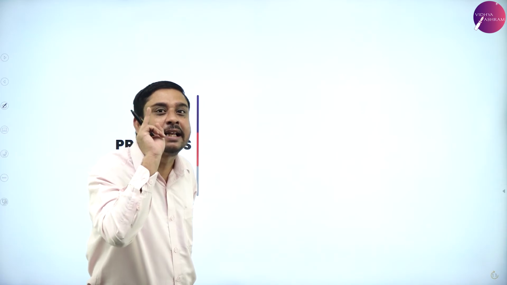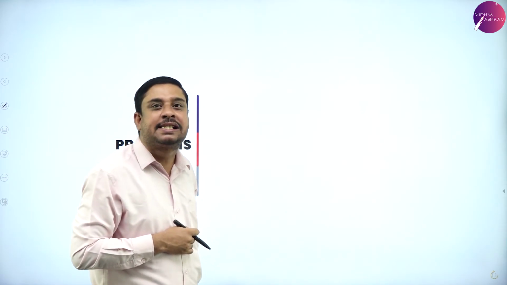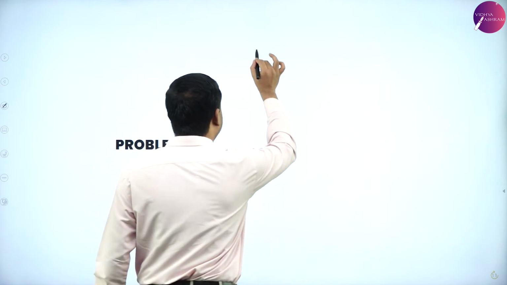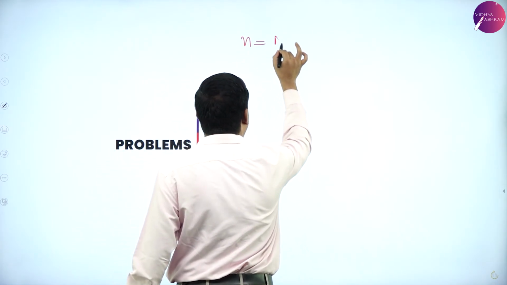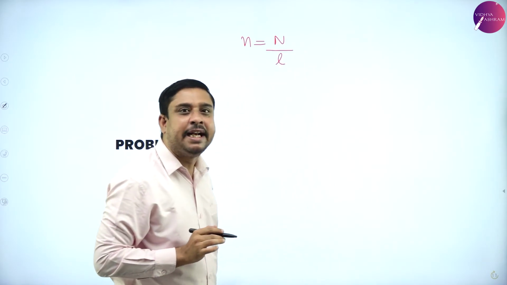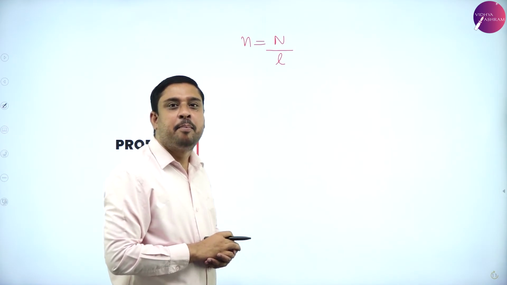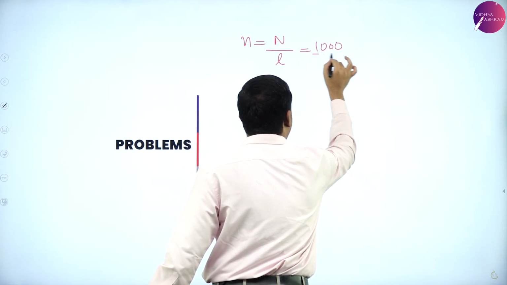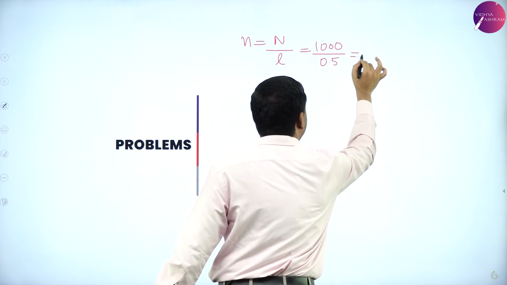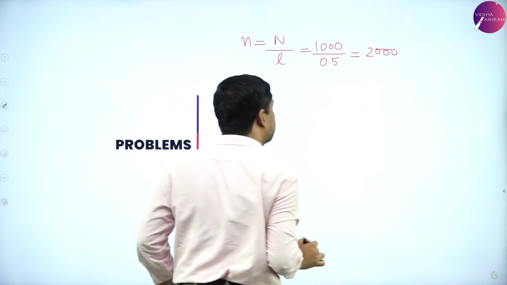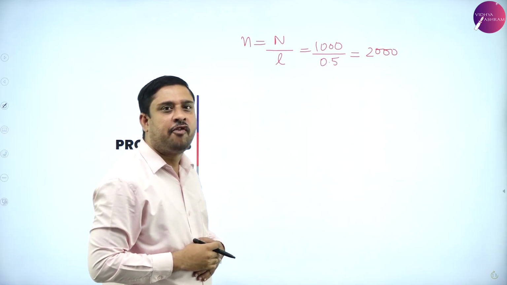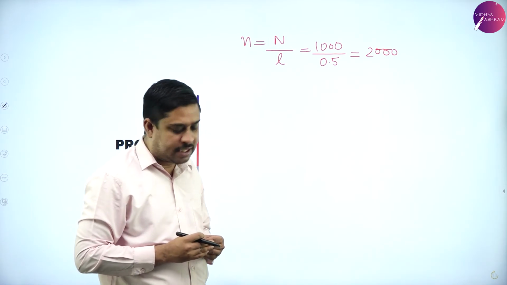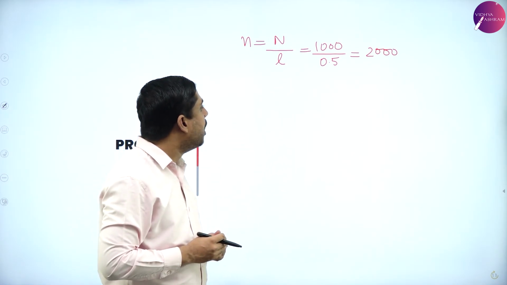When you analyze, remember you are first calculating turns per unit length, that is small n, which is equal to capital N divided by L, which is 1000 divided by 0.5. When you simplify, the answer is 2000.